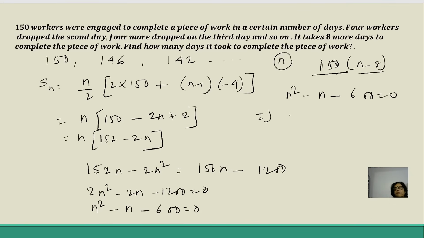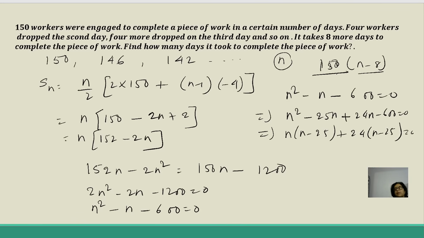So 600, we can take the factors here as n square minus 25n plus 24n minus 600 is equal to 0. So this becomes (n minus 25)(n plus 24) is equal to 0. So n minus 25 is one linear factor, n plus 24 is another linear factor.